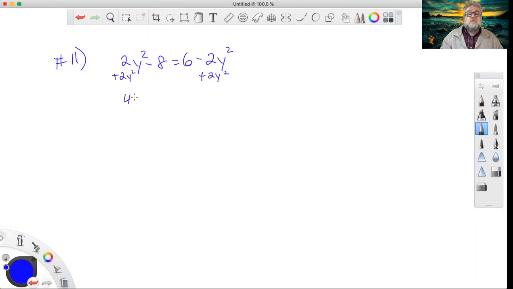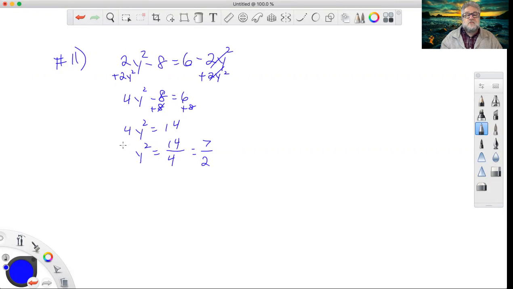So this will give me 4y squared minus 8 equals 6, because these will cancel. Add 8. 4y squared, those will cancel, equals 14. Y squared equals 14 over 4, which is equal to 7 over 2.